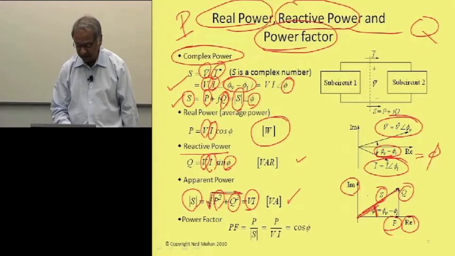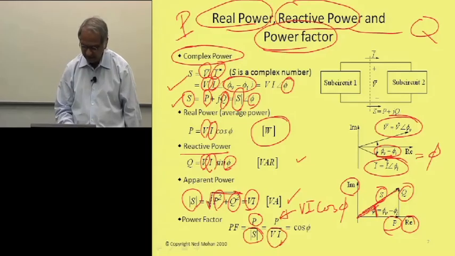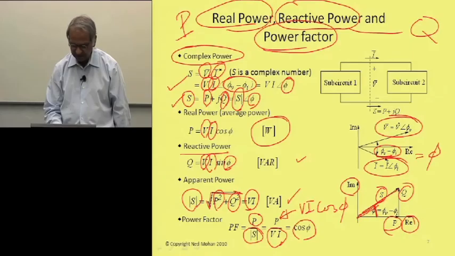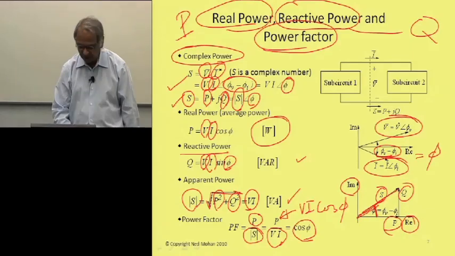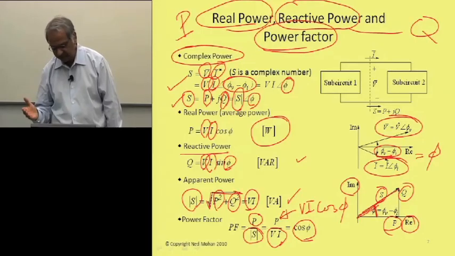The power factor is the real power divided by the apparent power. If you plug in the expression for P, it's VI cosine phi, and if you divide that by the apparent power in the denominator, you just end up with cosine phi. So the power factor is really the cosine of the angle between the voltage phasor and the current phasor.